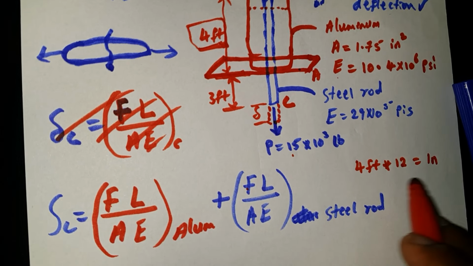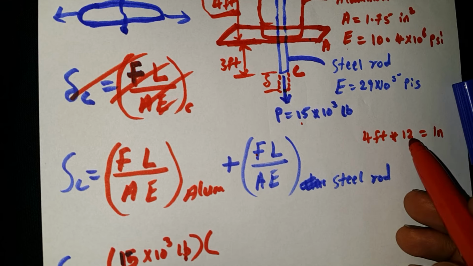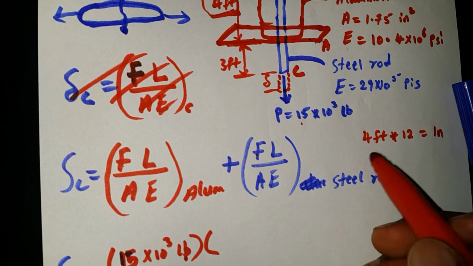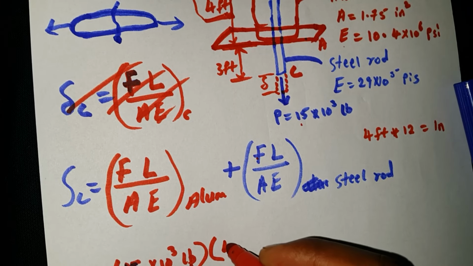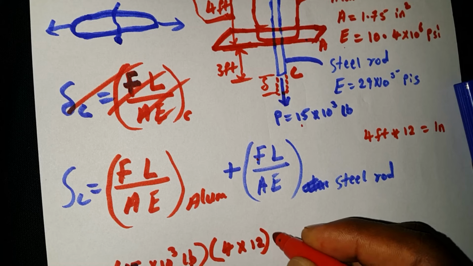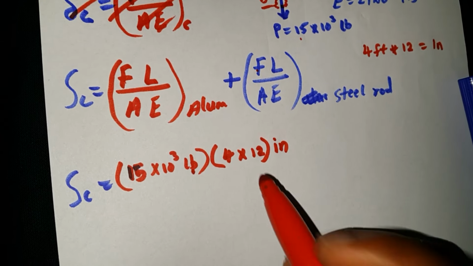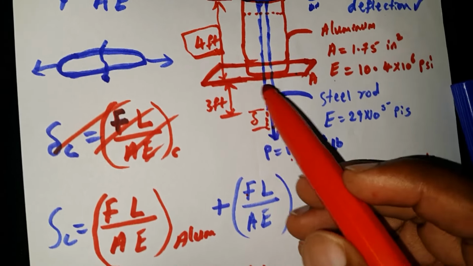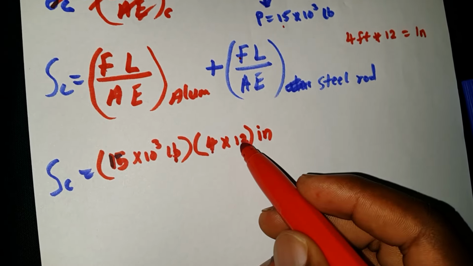So 1 foot is 12 inches. This 4 feet now, 4 times 12, we find it in inch.